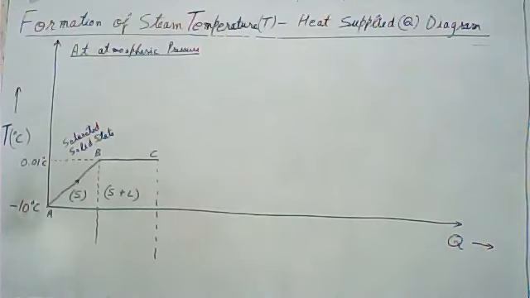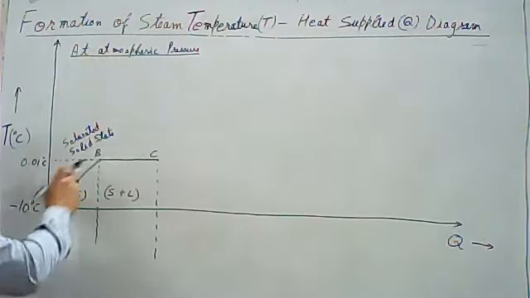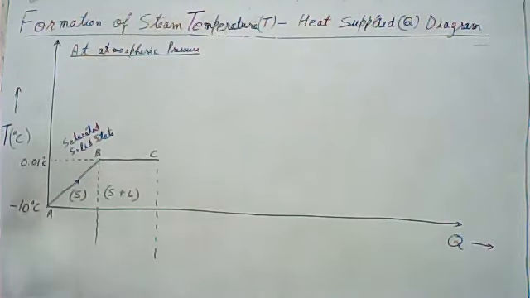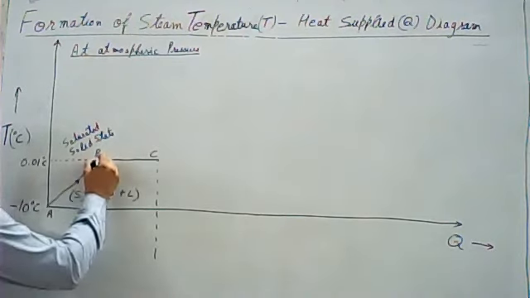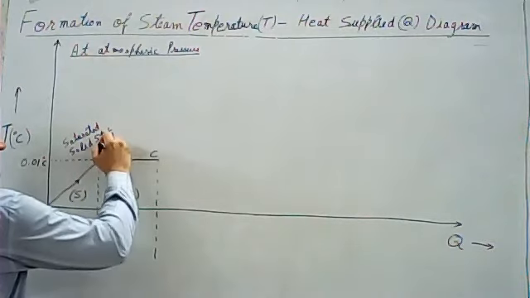Saturated means that now this solid is saturated, and if I add more heat into that solid ice, it will start converting that ice into liquid. So solid starts to convert into liquid. At point B, it is 100% solid.